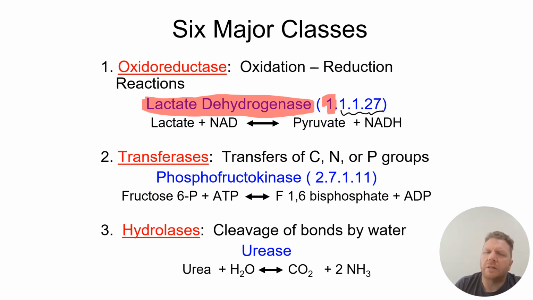I always think about this as any and every enzyme is going to have a 4-number scheme. In the case of an oxidoreductase, the first number is going to give you the overall class. Then there's going to be a second number, a third number, and a fourth number.